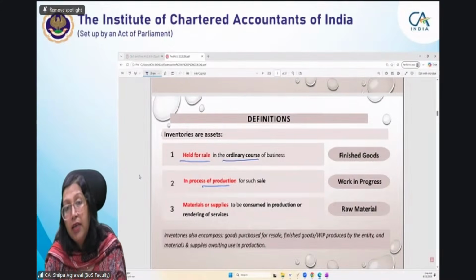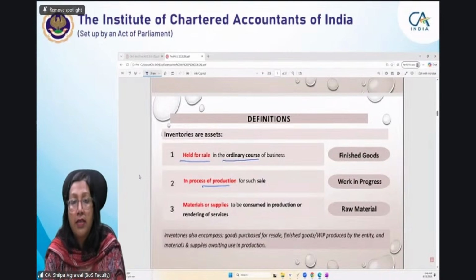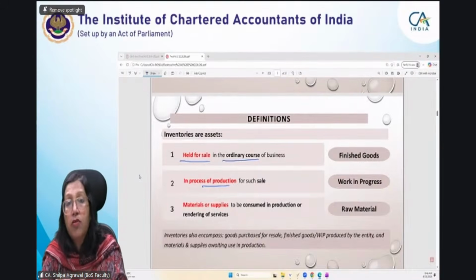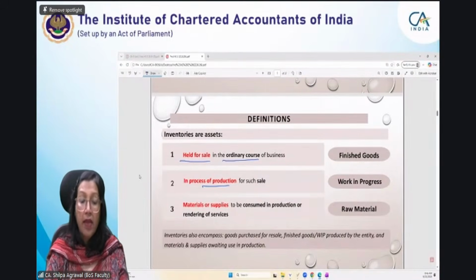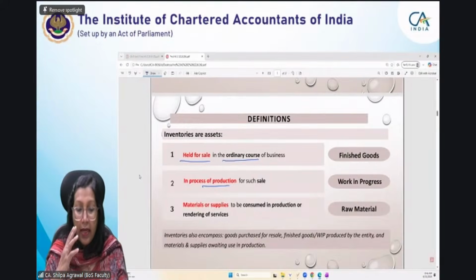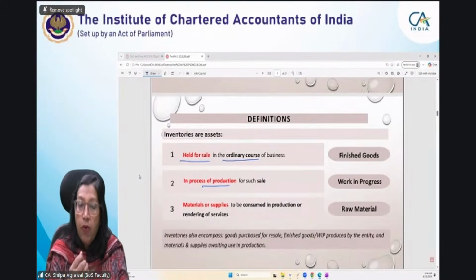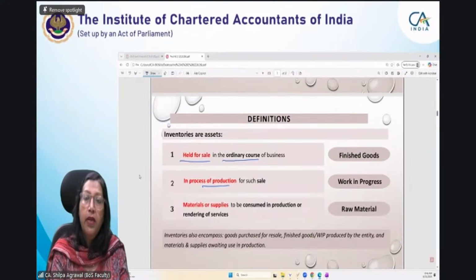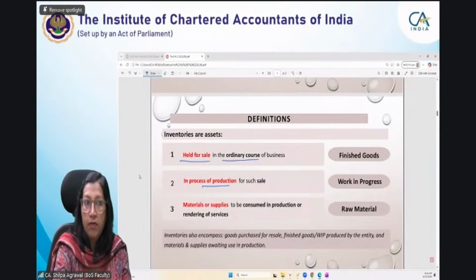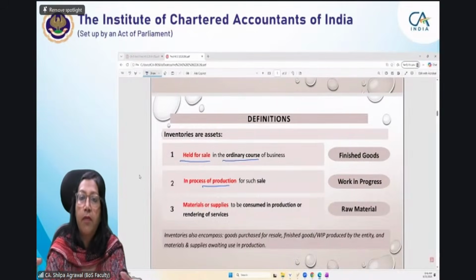The car manufacturer has bought small parts and has to assemble the car, and that assembling of the car is yet to be done. By that time, everything will be considered as work in progress or spare items, based on its usage and the purpose for which we are holding it for sale. We are holding it either for sale as spare parts, or for manufacturing, assembling it and making it one car. Okay.